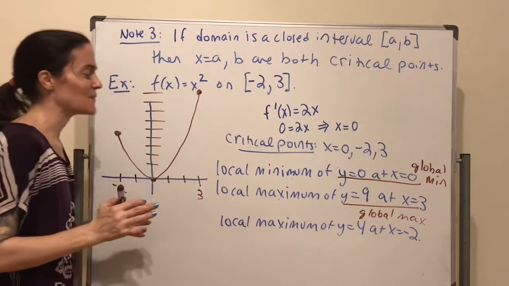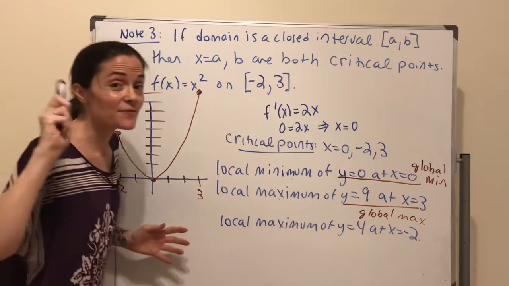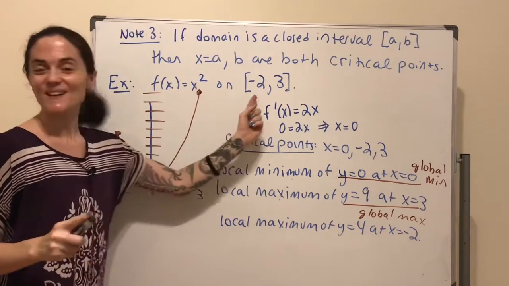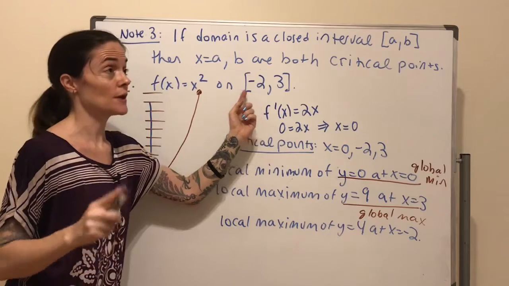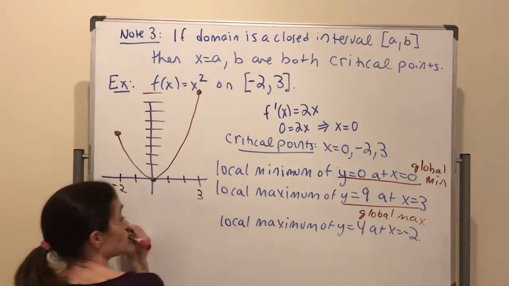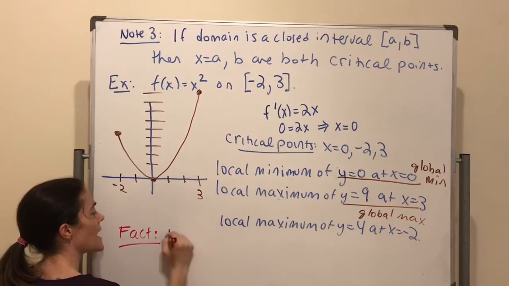And this is not by chance here. Every time you have a continuous function on a closed interval, you will have both a global max and a global min. So this is called the extreme value theorem. I'll write it as a fact.